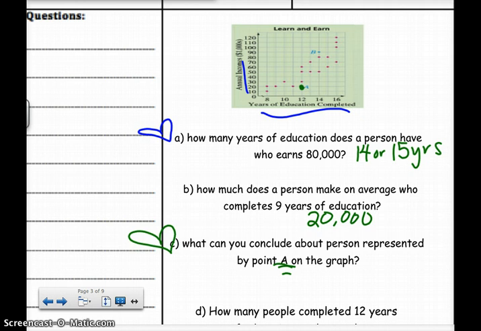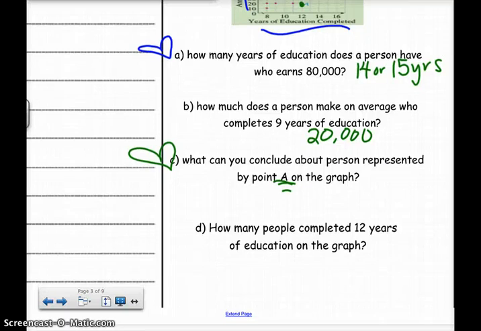They went to college for that many years and then decided not to get a very good job. Well, I would say that they just finished high school. Right. So maybe they're a high school graduate? Did they go to college? No, because they're done at this 12th year, right? So what I can say is they graduated high school.